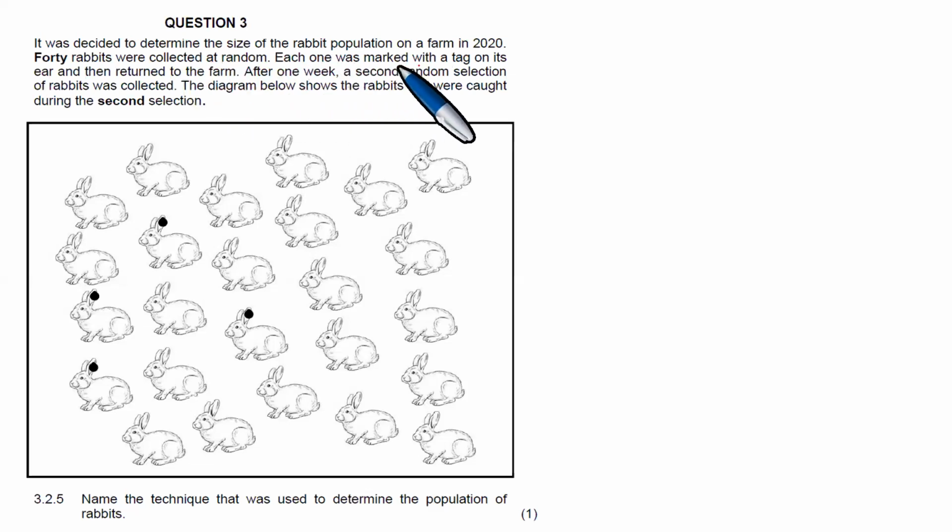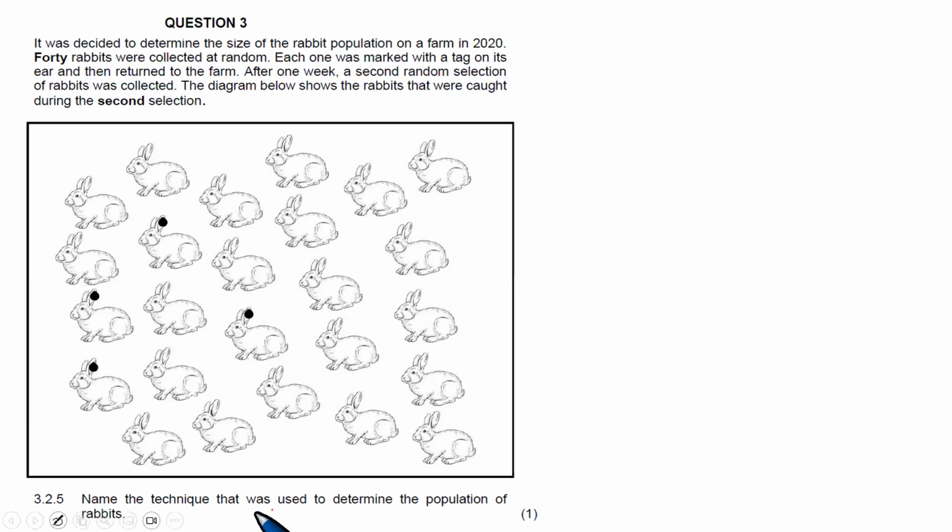Each one was marked with a tag on its ear and then returned to the farm. After 1 week, a second random selection of rabbits was collected. The diagram below shows the rabbits that were caught during the second selection.